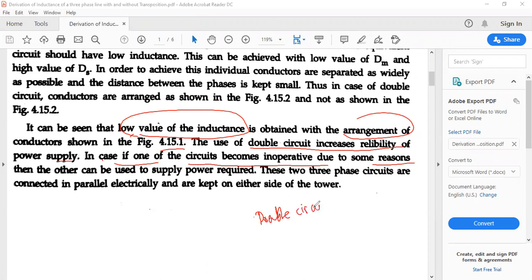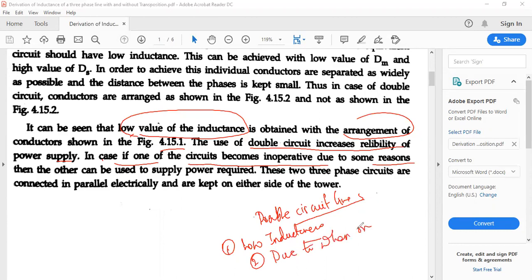The main aim is first the low inductance value, and second, the supply continues when one of the lines is inoperative.